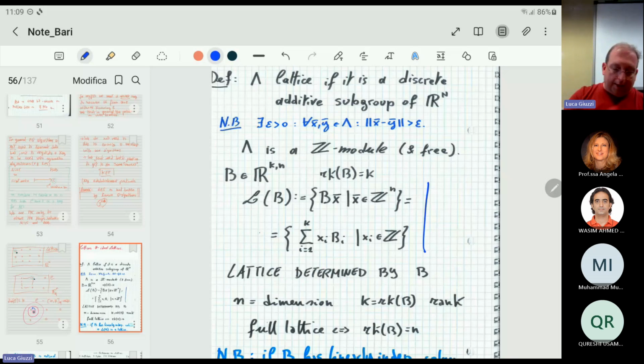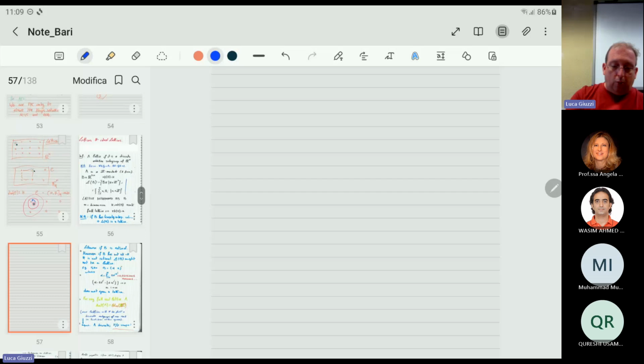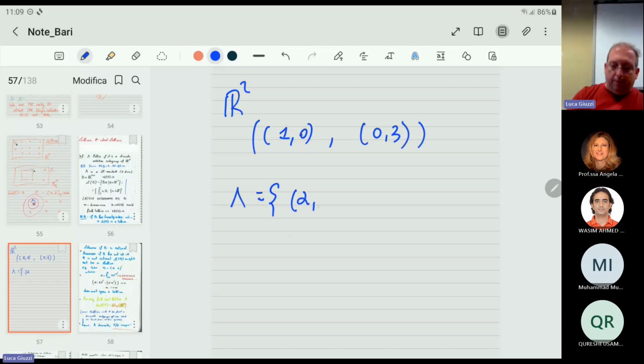So let me make an example. Let's go into R^2, which is the simplest example we can take. In R^2, I take the points (1, 0) and (0, 3). And my lattice, Lambda, is the set of all elements alpha(1, 0) + beta(0, 3), such that alpha and beta are integers.